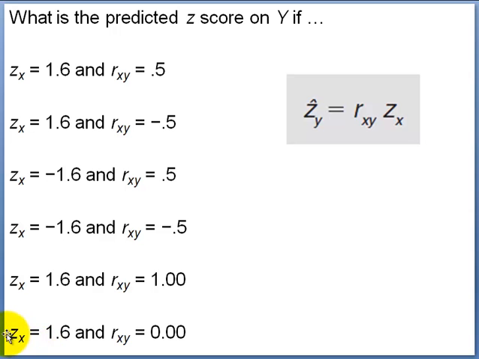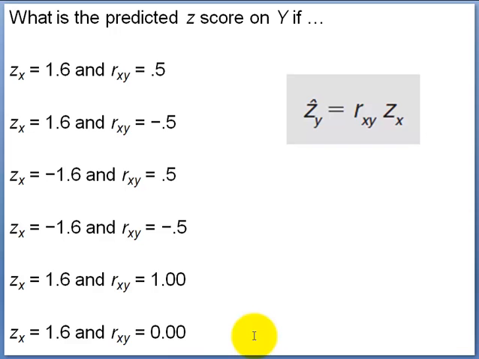And finally, let's do this one. What's of interest here is that the correlation between x and y is 0. So as we multiply 1.6 times 0, we're going to get a product of 0. We talked a little bit about a correlation of 0, and we accepted the case of curvilinear relationship.